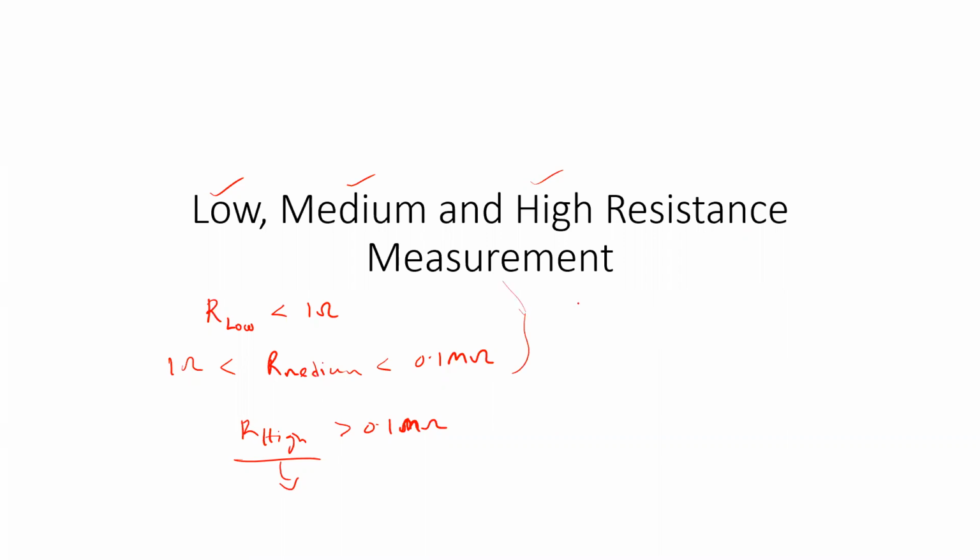It might be the windings used in the armature or the field winding of a DC motor, or even the medium range resistances could be the resistance of the transmission lines. In this way, they are classified in 3 categories.